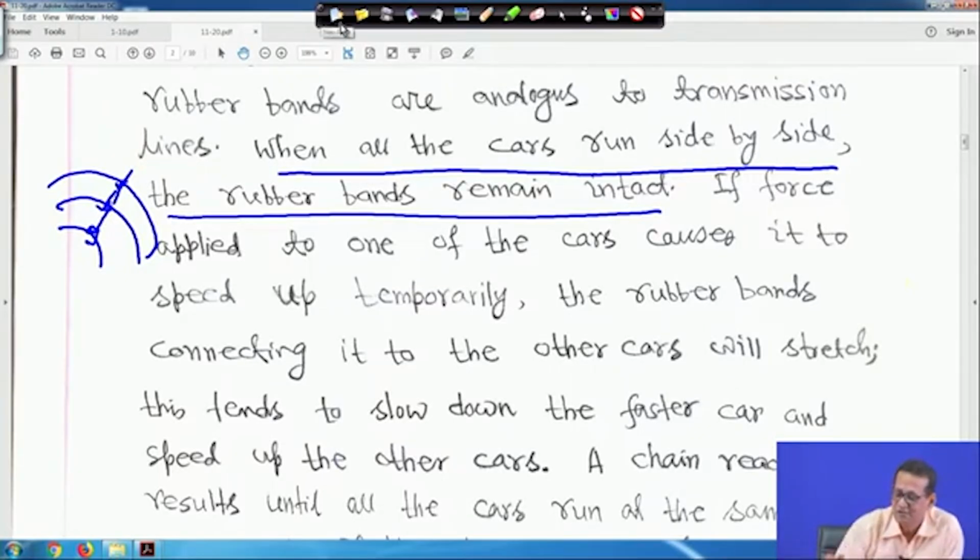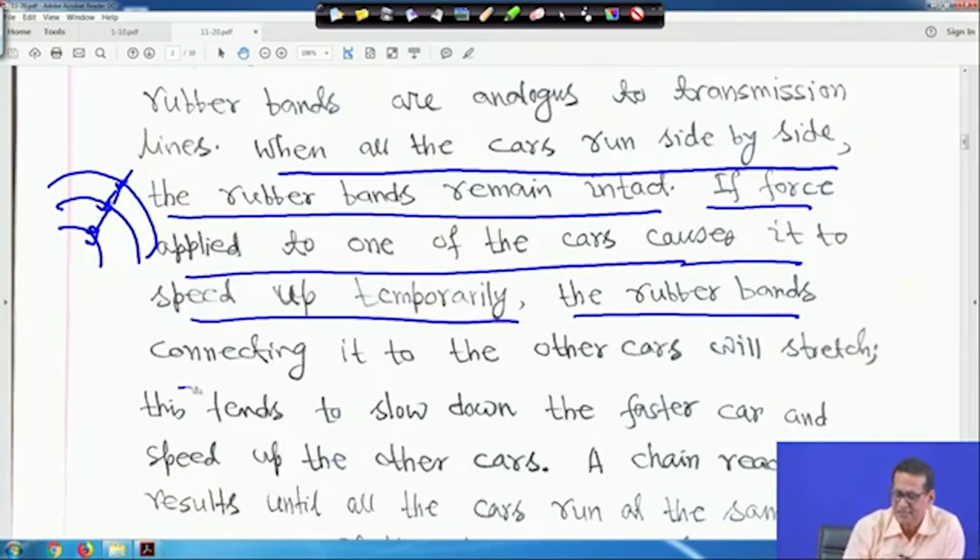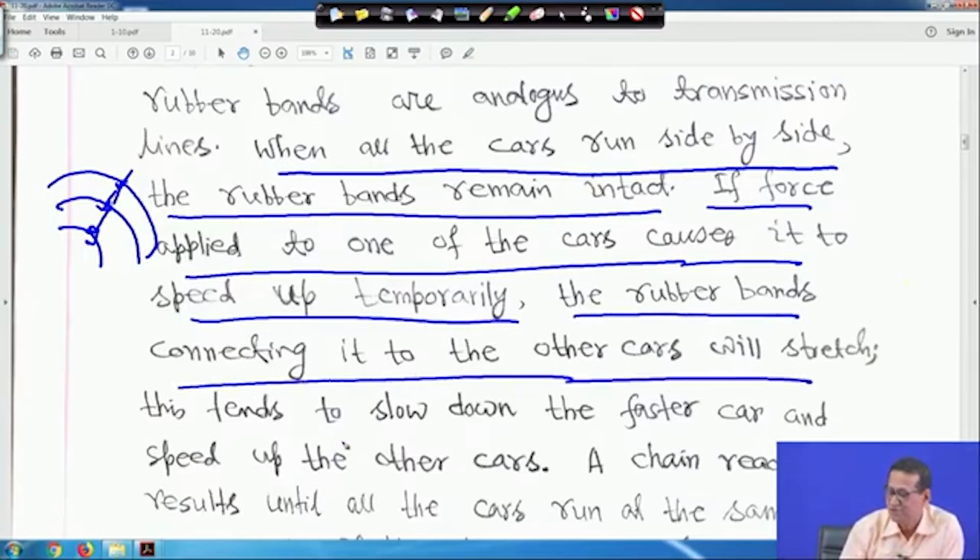Now the question is, what if a force applied to one of the cars causes it to speed up temporarily? Suppose you speed up one car temporarily, then what will happen? The rubber bands connecting it to the other cars will stretch, because if it moves a little bit ahead, the elastic band will stretch.